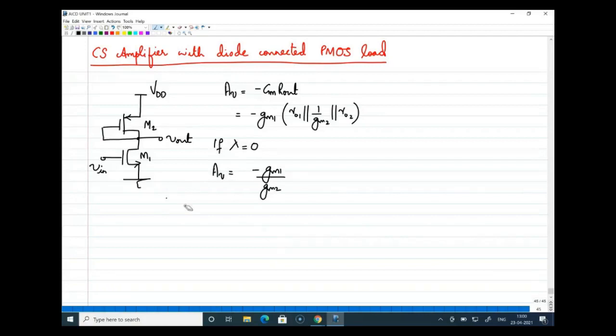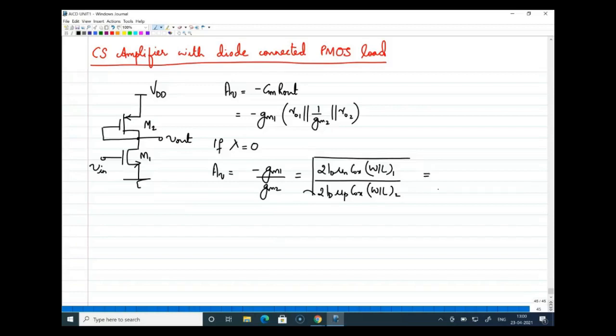If I plug in the formulas for gm1 and gm2, we can write it as the square root of 2ID mu n Cox W by L of 1 divided by 2ID mu p Cox W by L of 2.